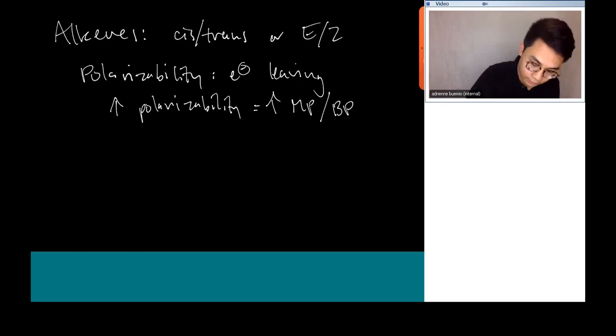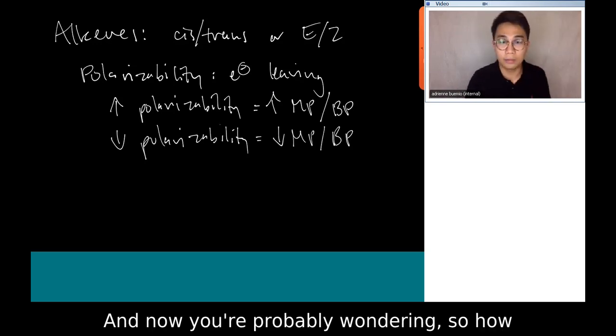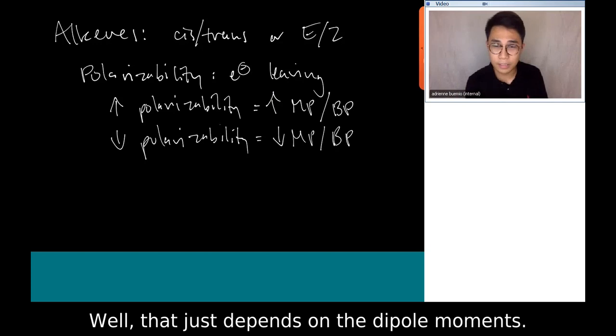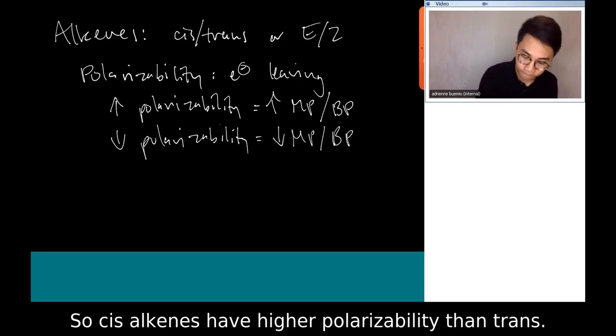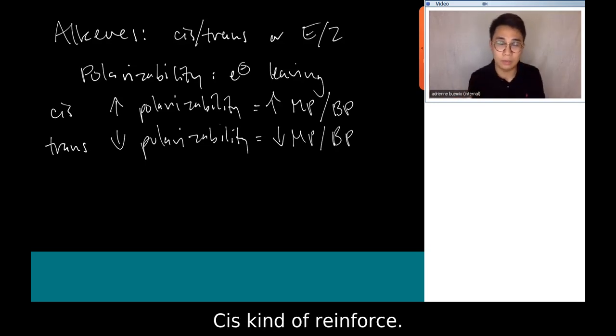And then vice versa, the lower the melting point, boiling point. And now you're probably wondering, how do we know which one's more polar, which one's less polar? Well, that just depends on the dipole moments, right? Cis alkenes have higher polarizability than trans. And that makes sense: trans will cancel each other out, cis kind of reinforce, right? So going through like that.